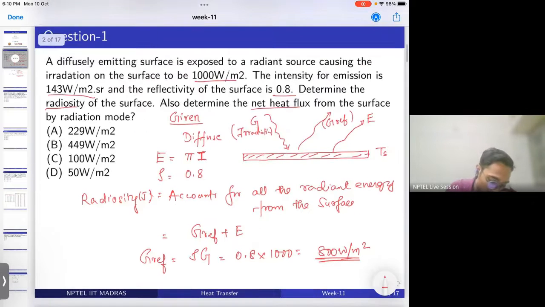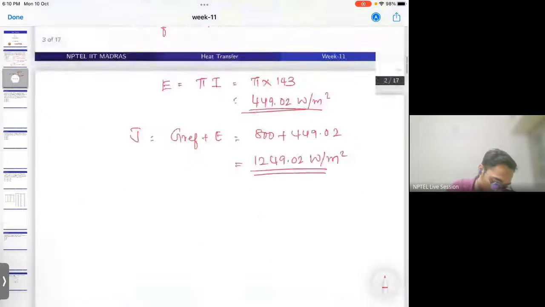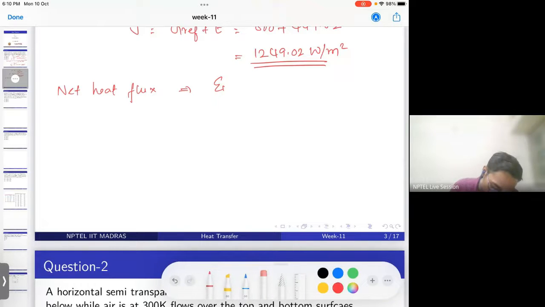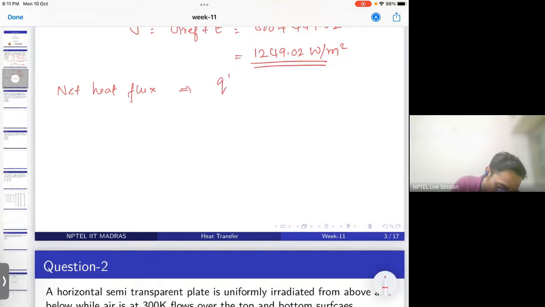We are asked to find the net heat flux from the surface. Net heat flux is the flux in, that is q double dash in, minus q double dash out. What is the energy that is coming in?